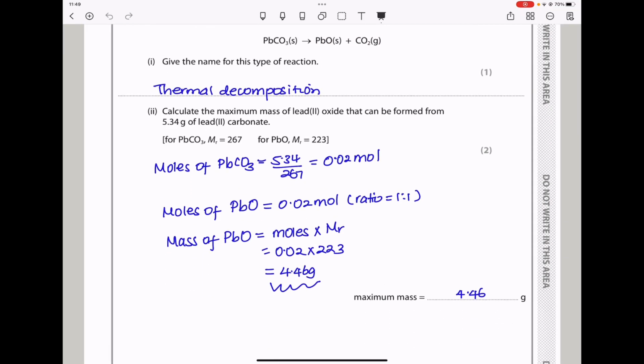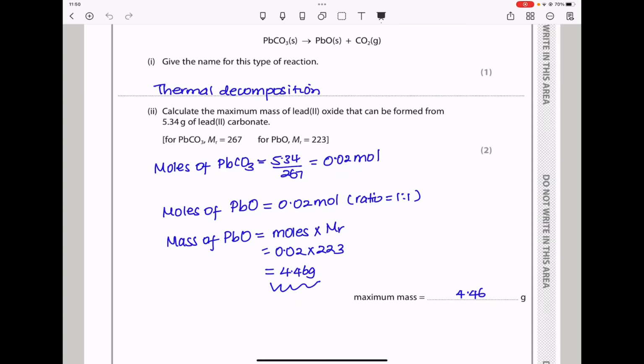Next, they say calculate the maximum mass of lead 2 oxide that can be formed from 5.34 grams of lead 2 carbonate. Now, this is the reaction we're talking about. So I have the mass of lead 2 carbonate, and I know the molar mass, so I can find the number of moles. So moles of lead 2 carbonate are going to be the mass divided by the Mr, which is 267, and I got 0.02 mole.